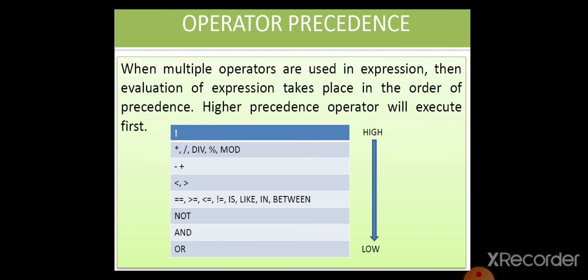The first precedence is NOT, then multiplication, division, remainder, that is mod, etc. Then plus and minus, then less than, greater than, then equals, not equals, IS, LIKE, IN, BETWEEN, then NOT, AND and OR. In the precedence table, as we come down the precedence becomes lower.